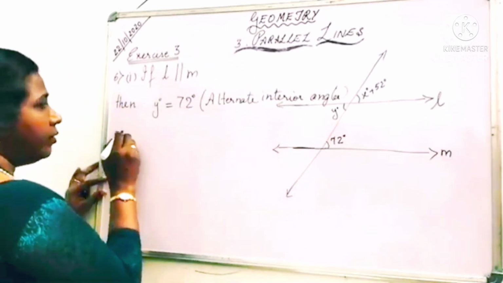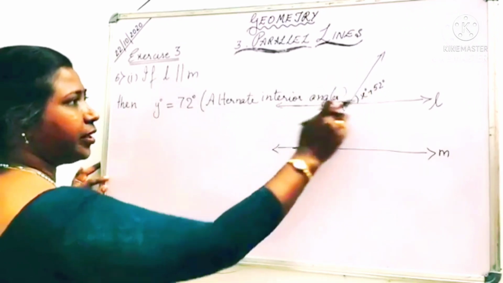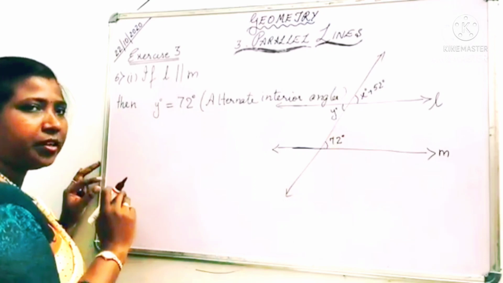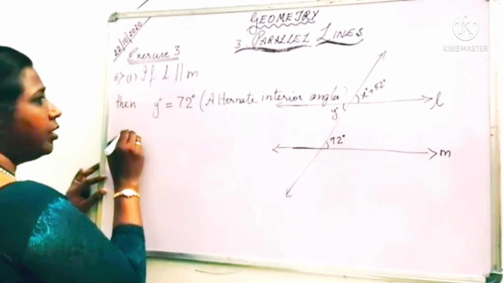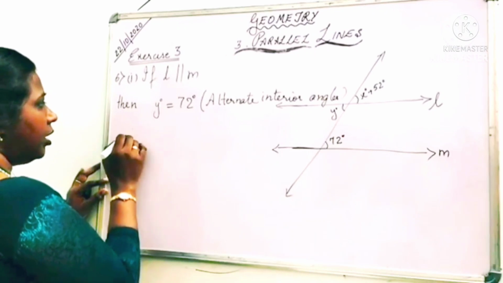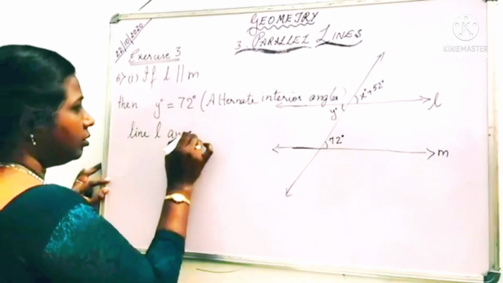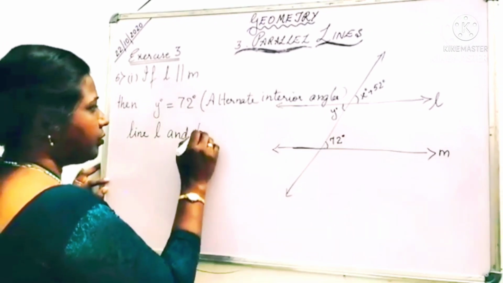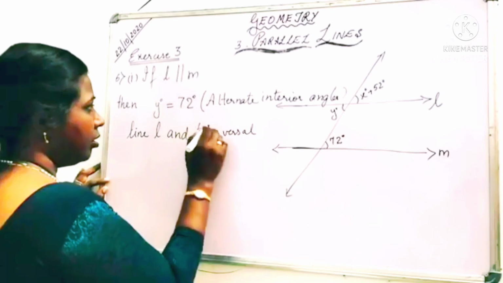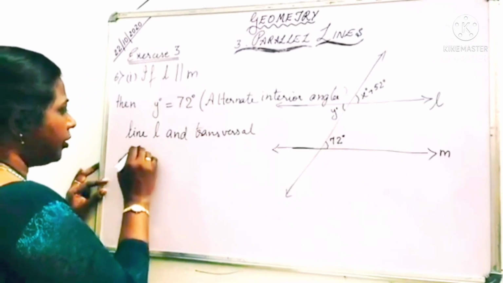Then we have, again by the transversal, two lines are intersecting. Now see, line L and the transversal are intersecting. So what will we write? We can write line L and transversal are intersecting.